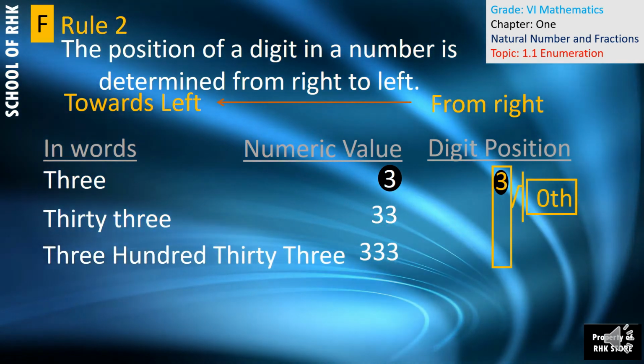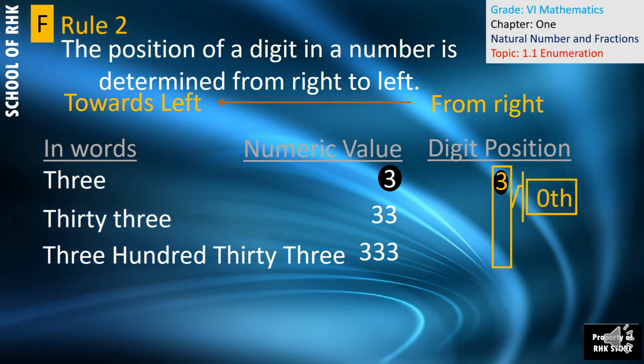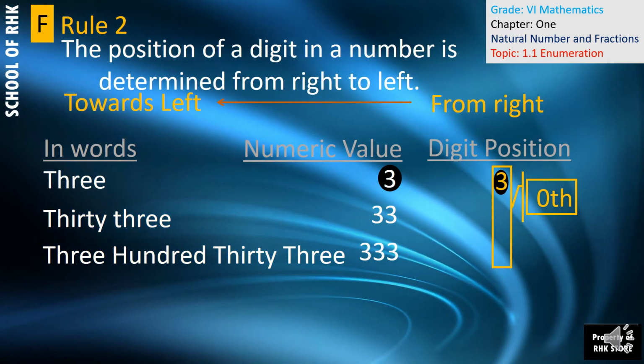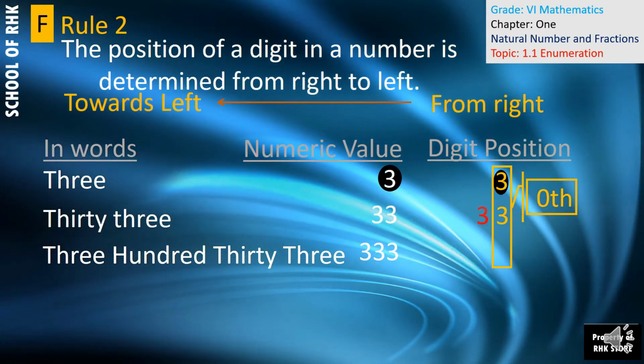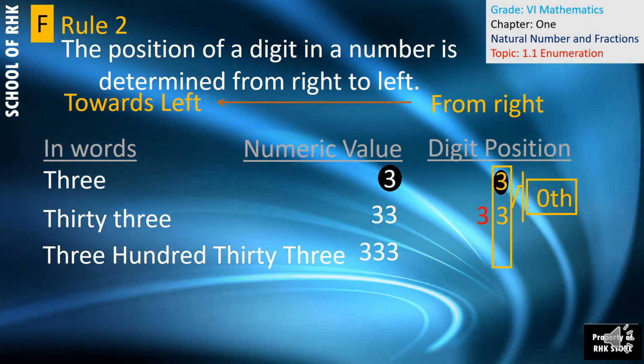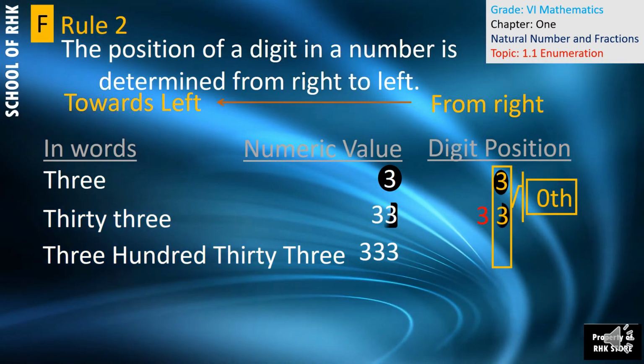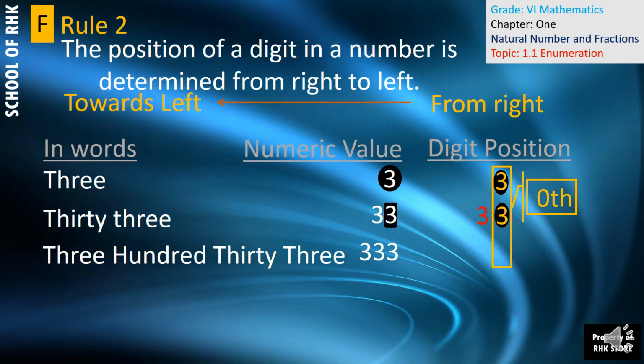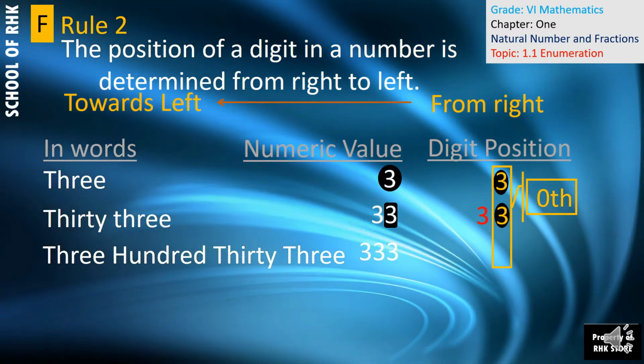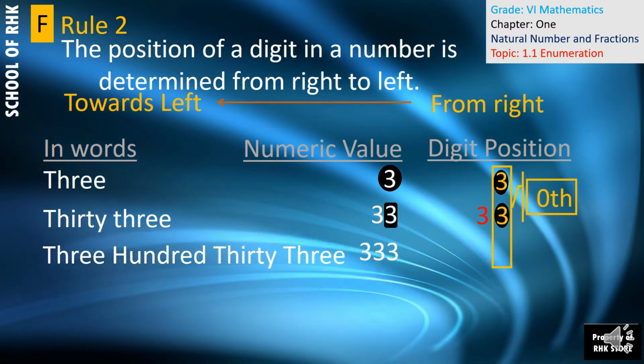The next number is 33. 3 and 3 putting two digits together made 33. If we look at the position of the digits, then the 3 that is on the extreme right is the 0th position of 33.